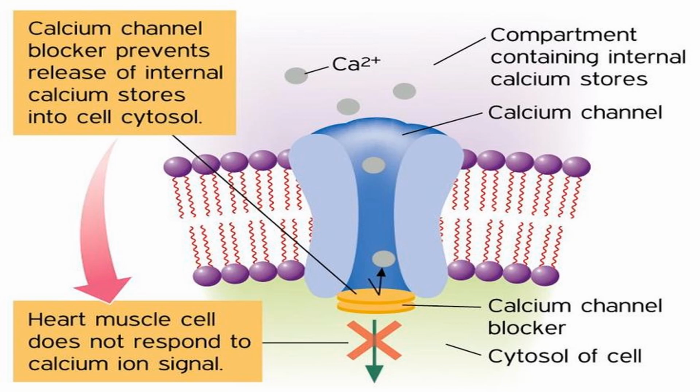Now what happens when we give calcium channel blockers? Here you can see calcium, and this is the compartment containing internal calcium stores. This is the calcium channel, and by giving calcium channel blockers we are preventing calcium entry into the cytosol of the cell, and ultimately the heart muscle cell does not respond to the calcium ion signal.